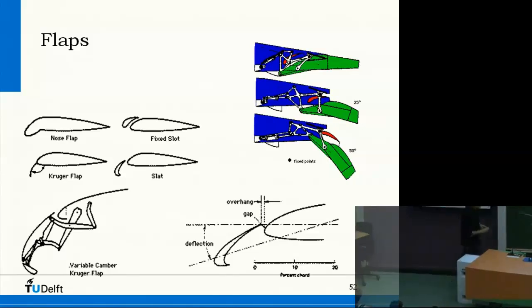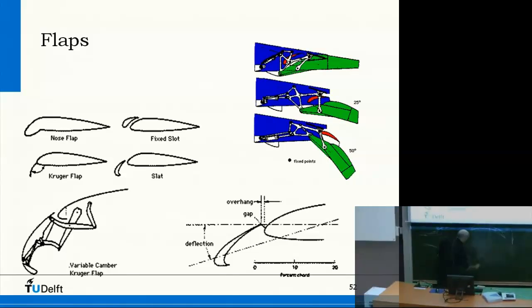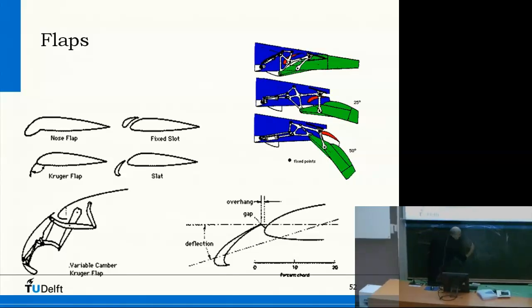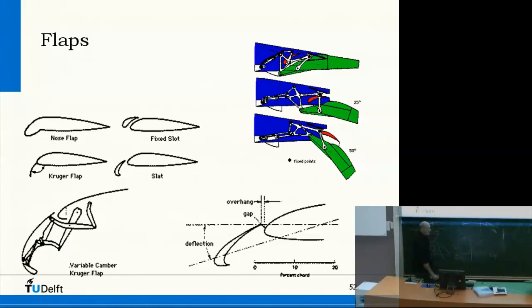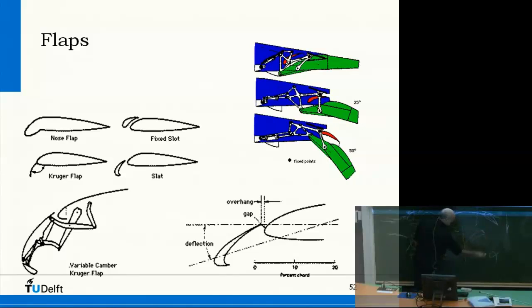Would you have a CL alpha curve like this for a normal airfoil? Then if you have a trailing edge flap, you would go like this, right? And if you have a slat, then you would change the angle of attack for the CL max, so it goes like that.